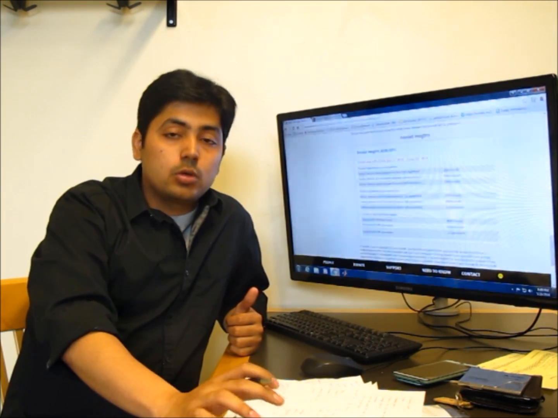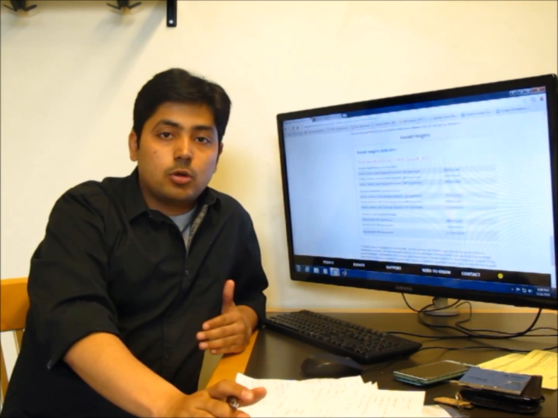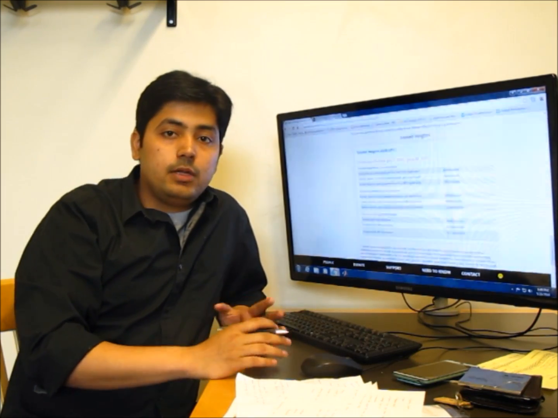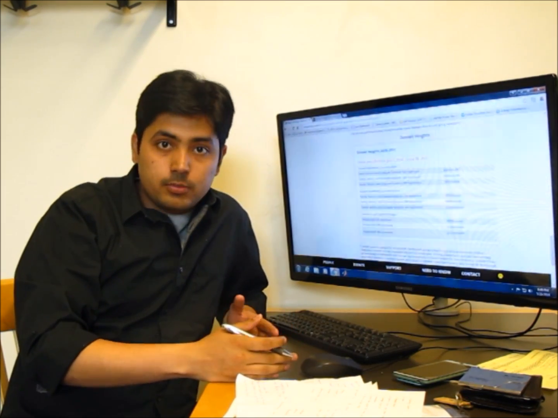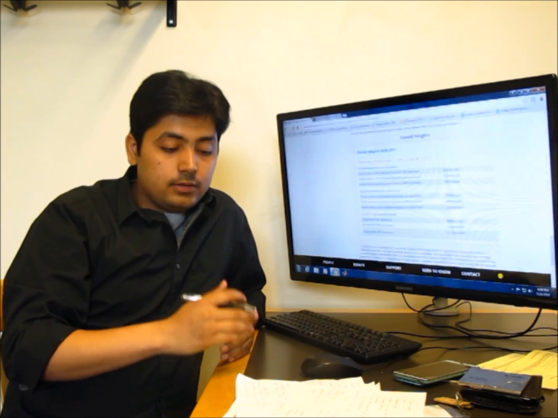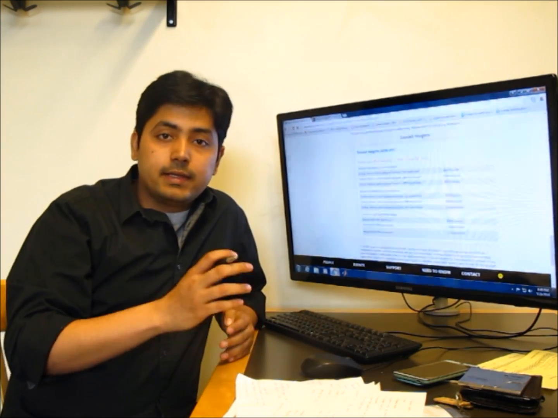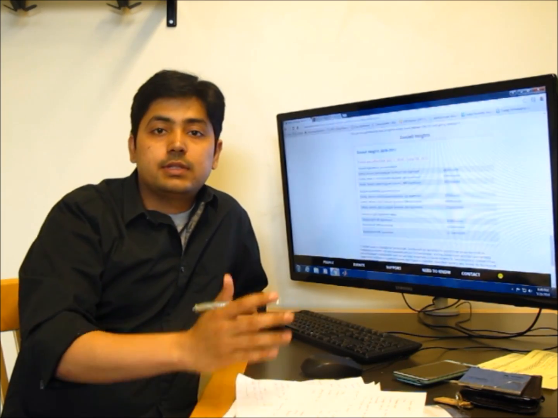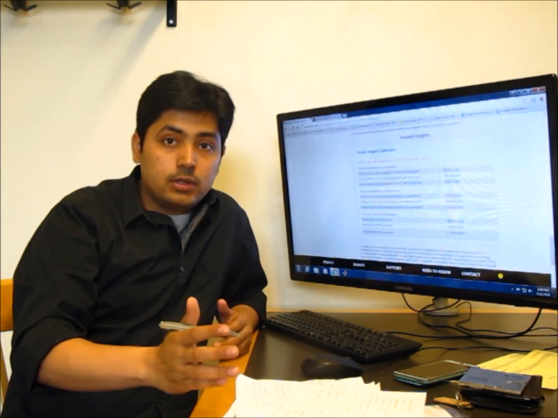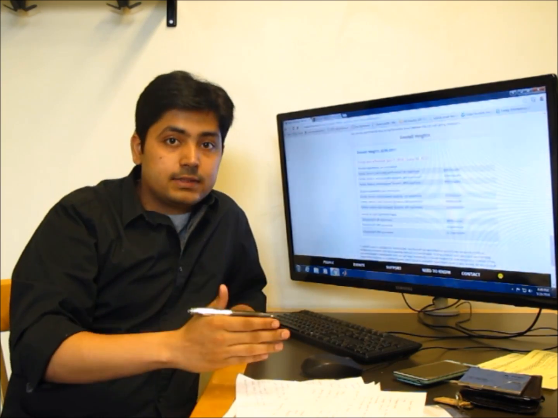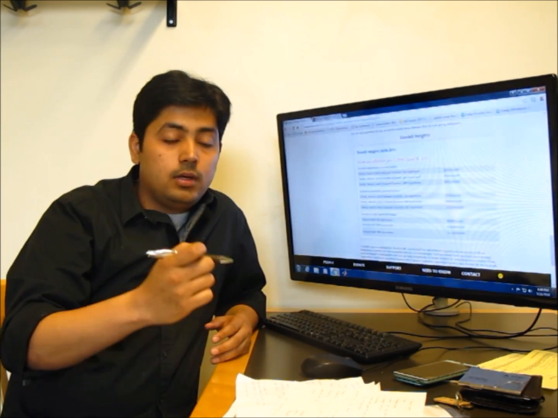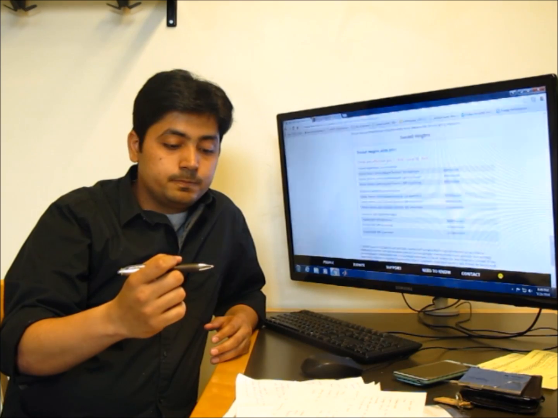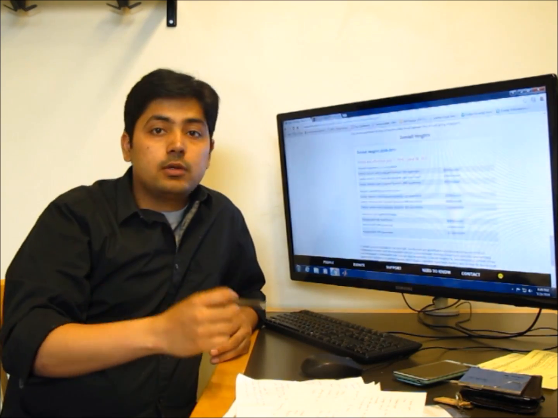The total cost of living in off-campus accommodation varies somewhere between $400 to $450 per month per person, and the total cost would include the rent plus the utilities. For most off-campus accommodations, the cost of utilities, which would include water, electricity, internet, cable, and heating, would not be included in the rent.